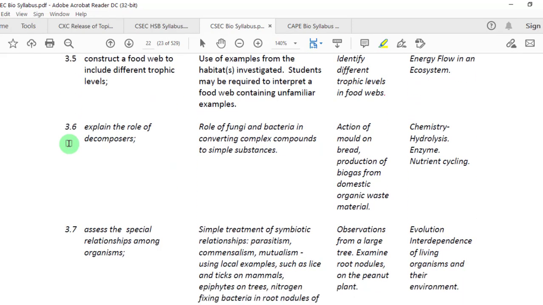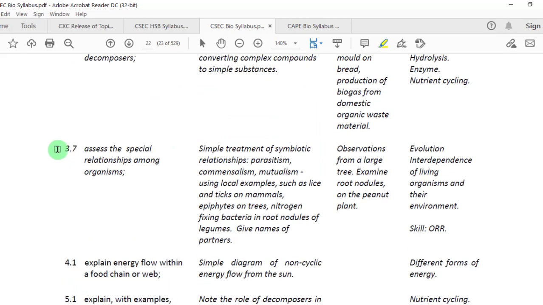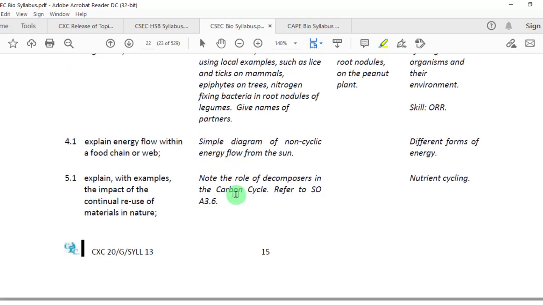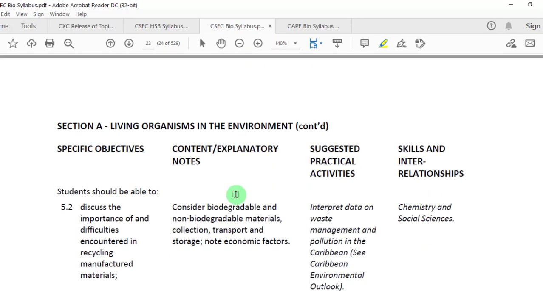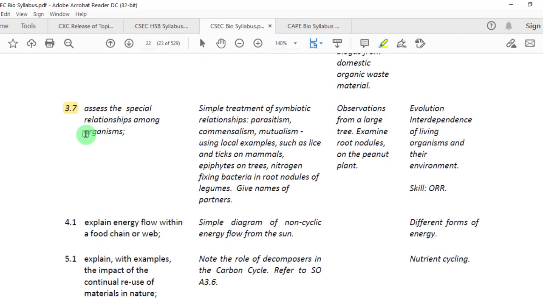So let me find it. Right, you see this guy here? This would fall under biotic as well. So in order to be really, really safe, you would also study this objective, 3.7.